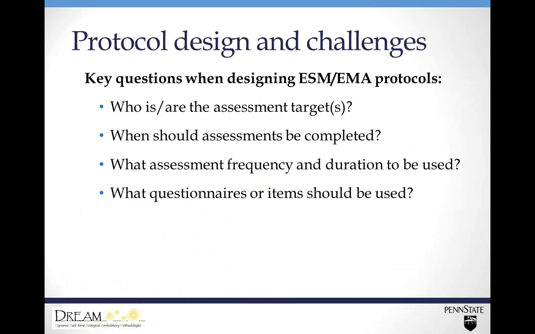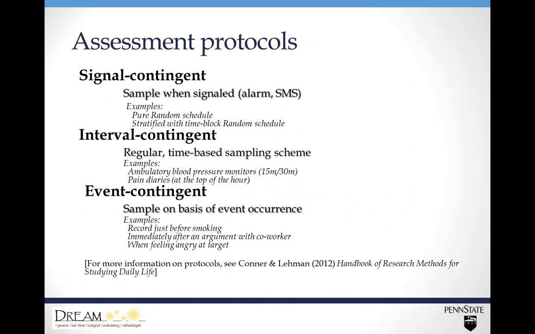Tamlin, can we advance one? This is a quick summary, and there's a better version of this in the handbook that we'll provide the full reference for again later. There are different ways to get your assessments, and somewhat oversimplified, the standard signal contingent report is to provide some audible reminder, an alarm, a beep.